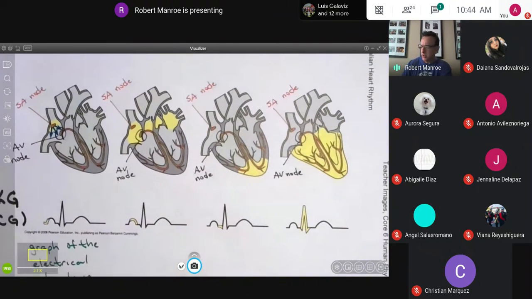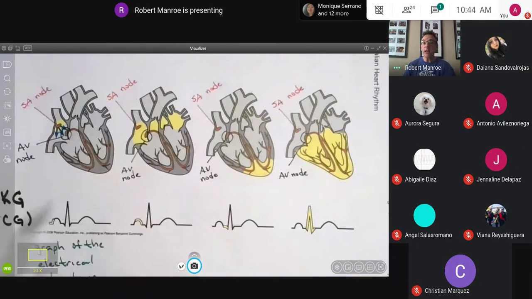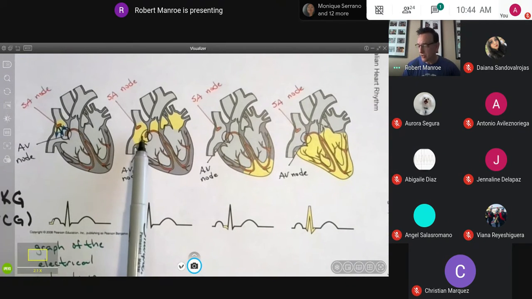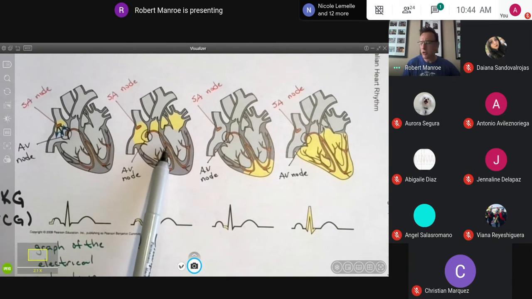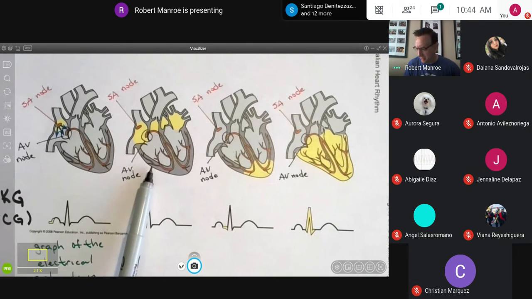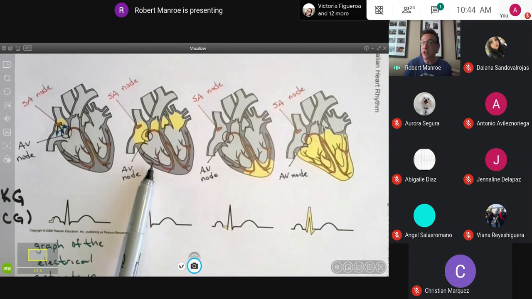So once the impulse reaches the AV node, now there's nothing casual about this at all. Now this neural tissue transfers the impulse to this neural tissue, which transfers the impulse to this neural tissue at 200 miles an hour. That's how fast an impulse goes along a nerve. 200 miles an hour, really fast.